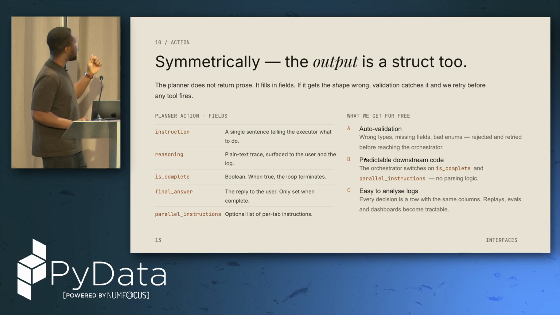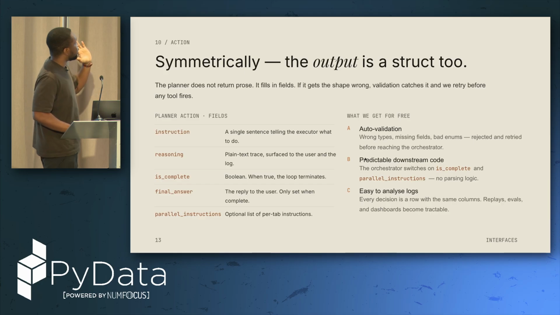The planner essentially outputs an instruction, which is what the executor would feed on; reasoning, which is basically the reason for doing this; a Boolean is complete to let us know if the process is terminated or not; a field called final answer, which is only set when is complete is true; and parallel instructions if we need to parallelize any of the operations that we need to do.